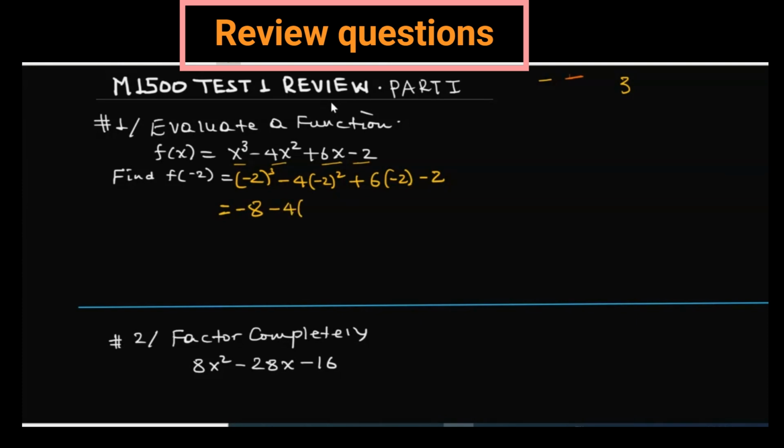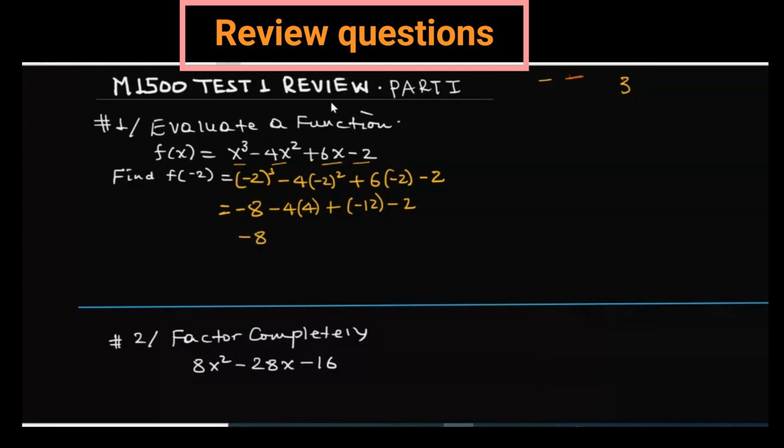Negative 2 squared is an even exponent, so the result is going to be positive, because negative 2 times negative 2 is 4. Plus 6 times negative 2 is negative 12, and then I have another negative 2. Okay, very good. So let's continue.